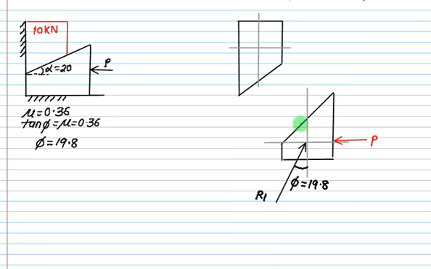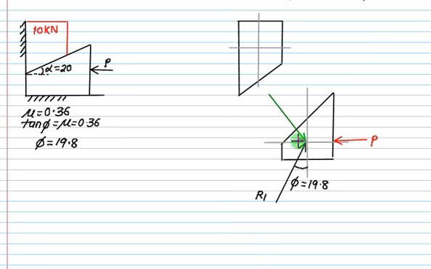This surface is inclined at an angle of alpha equal to 20. Now this is vertical, this is P. So with respect to vertical, the angle is alpha plus phi. With respect to normal, the angle is phi.